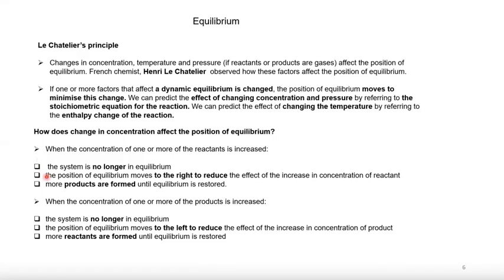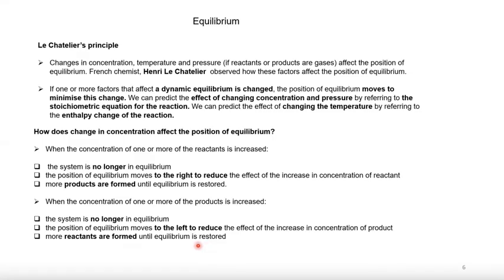So these are the 3 points when we change the concentration of one or more reactants. Well, when we change the concentration of one or more products, what happens? Again, we lose equilibrium, and in that case the equilibrium moves to the left. Why? To reduce the effect of the increase in concentration of product. And more reactants are formed until equilibrium is restored.